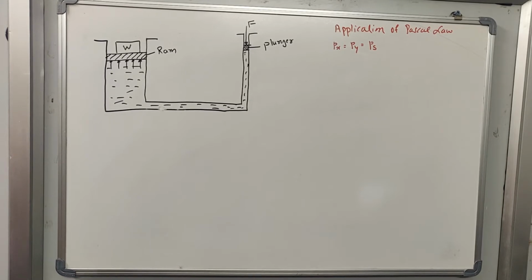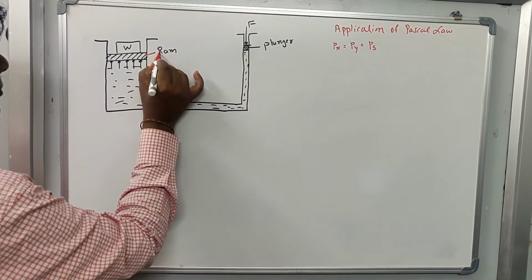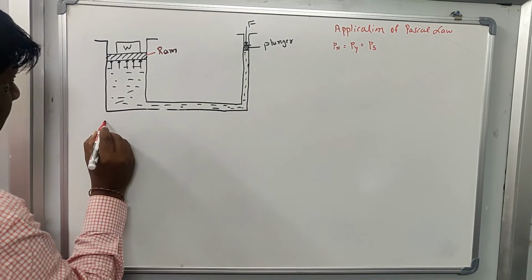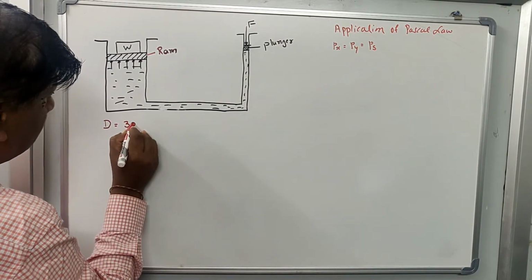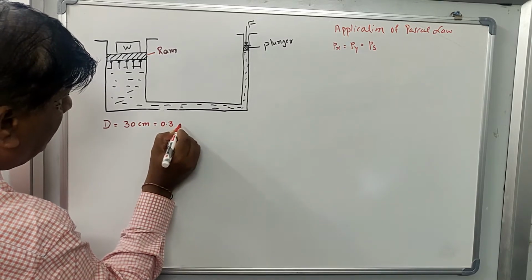Let us consider a physical problem, a hydraulic ram or a hydraulic press. This is a ram. The diameter of this ram, capital D, is equal to 30 centimeter or 0.3 meter.